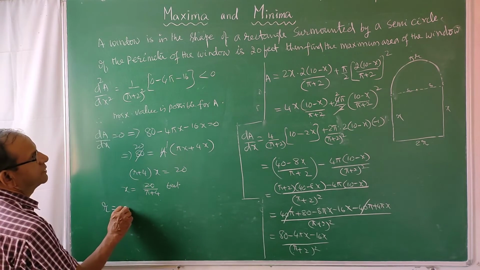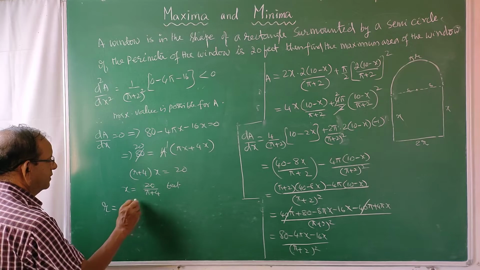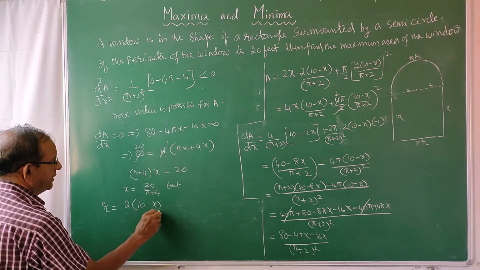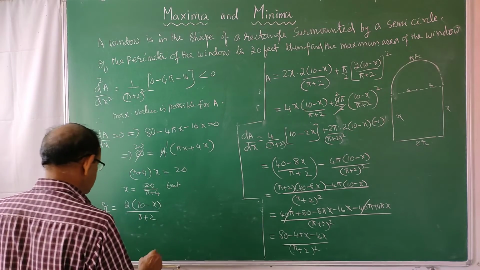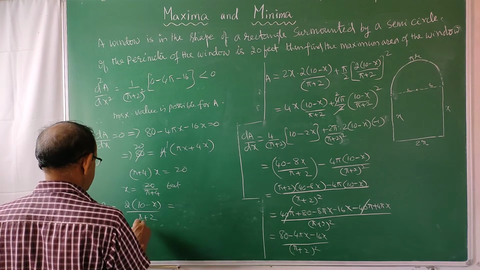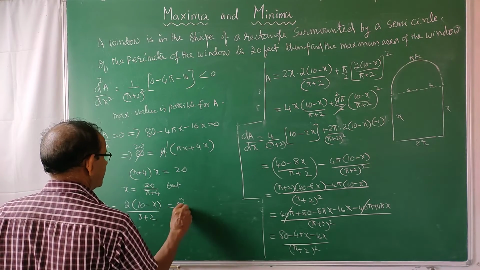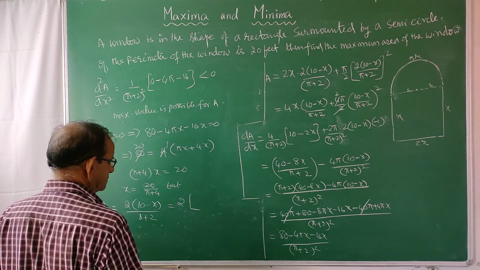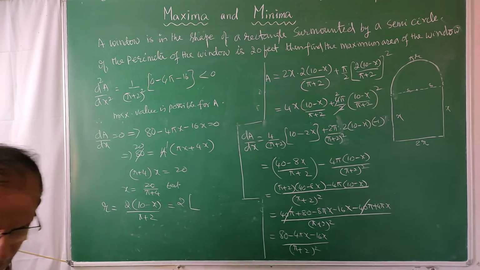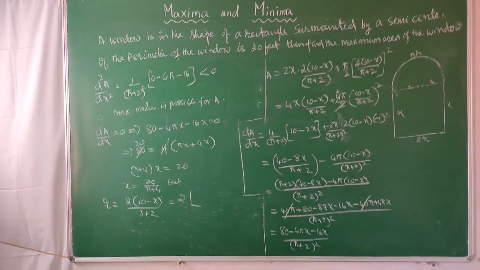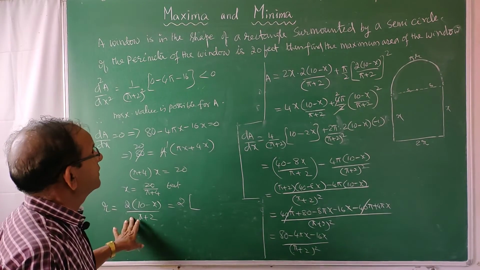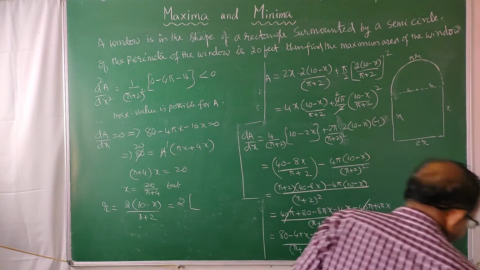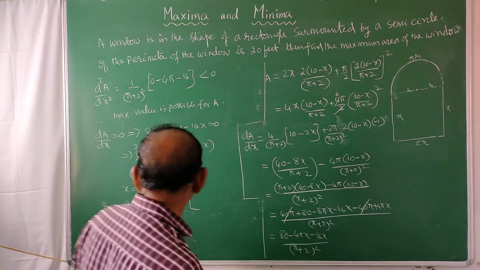R is equal to 2 into 10 minus x by pi plus 2, that is 2 into... Here the r value is not required, you have to find out the maximum area only, because we already got the value of x.